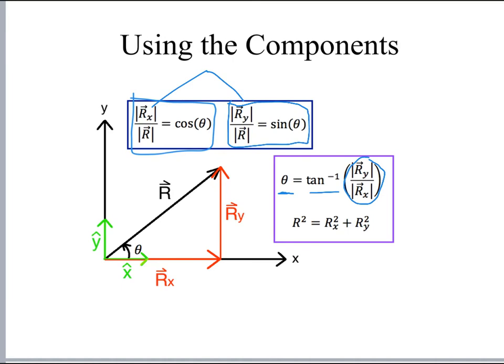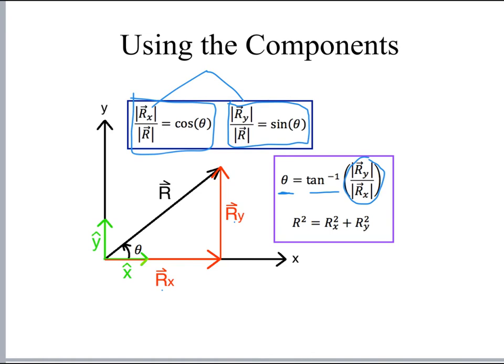Ry would be the opposite, Rx would be the adjacent. So we can say that Ry over Rx is equal to the tangent of theta. And then the arctangent is the inverse function that gives you the angle from the tangent.